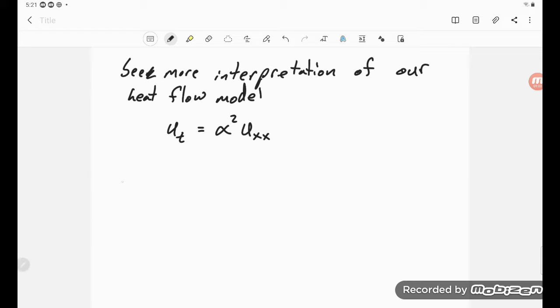Okay, so another way to interpret this is the model.